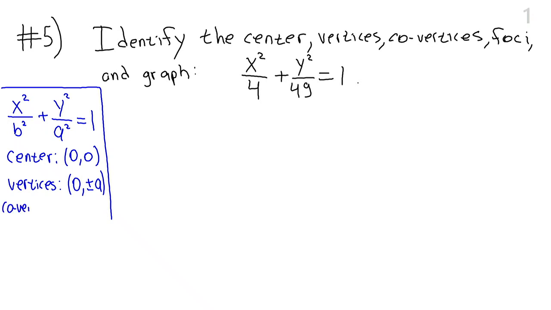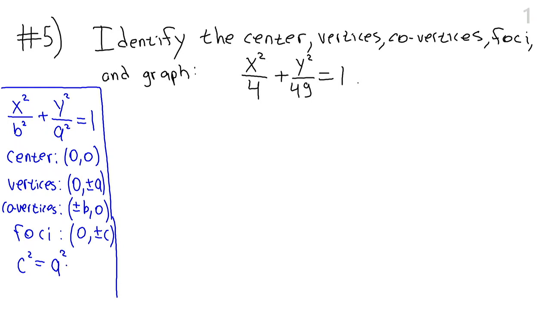The co-vertices for such an ellipse are going to occur at plus minus b, 0. The foci, the two focus points of the ellipse, are going to occur at 0, plus minus c, where the relationship between a, b, and c is as follows: c squared equals a squared minus b squared.